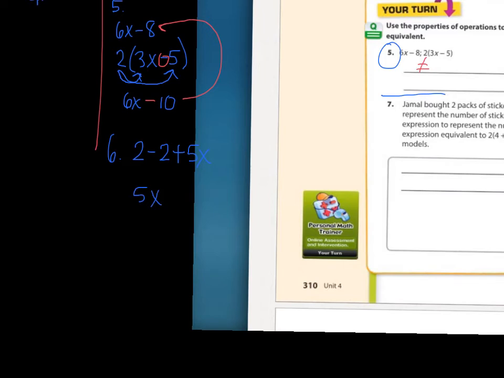Well, this right here is that property where they cancel each other out. So you can go back to that list and see. And when you have 2 minus 2, they cancel each other out. That equals 0. All you have left is 5x. So yes, and that was called the inverse property of addition.